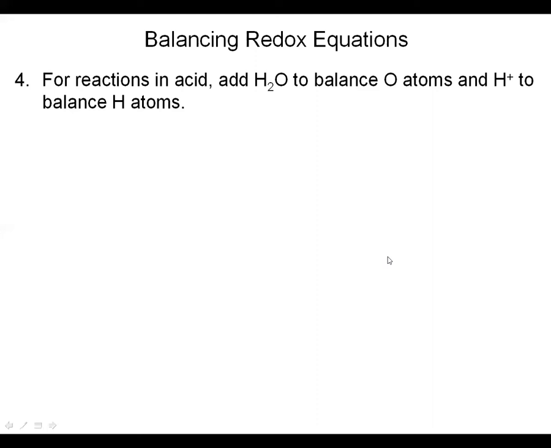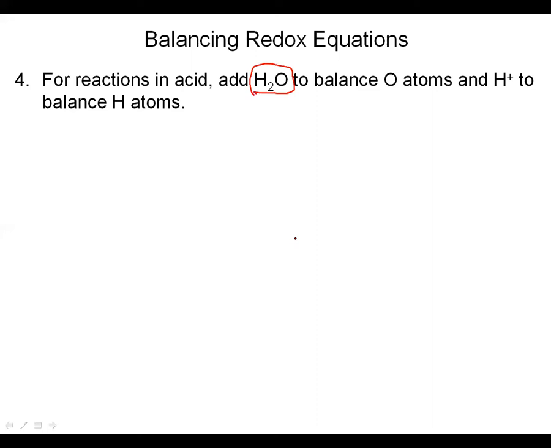So after you balance everything but oxygen and hydrogen, we balance the oxygens. And the way we balance the oxygens is we add water to the mix. So when you look at your half reactions, there may be one side that has more oxygen than the other. To fix that, we're going to add water to the side that needs the oxygen.